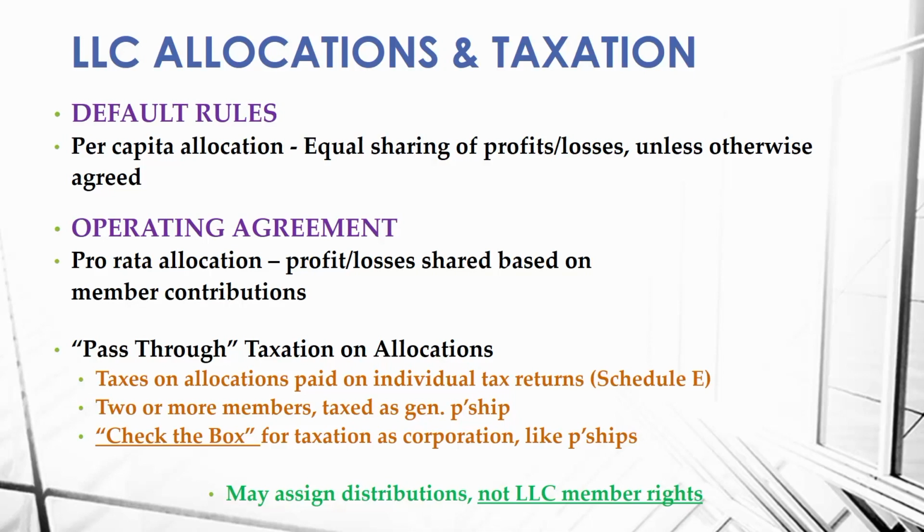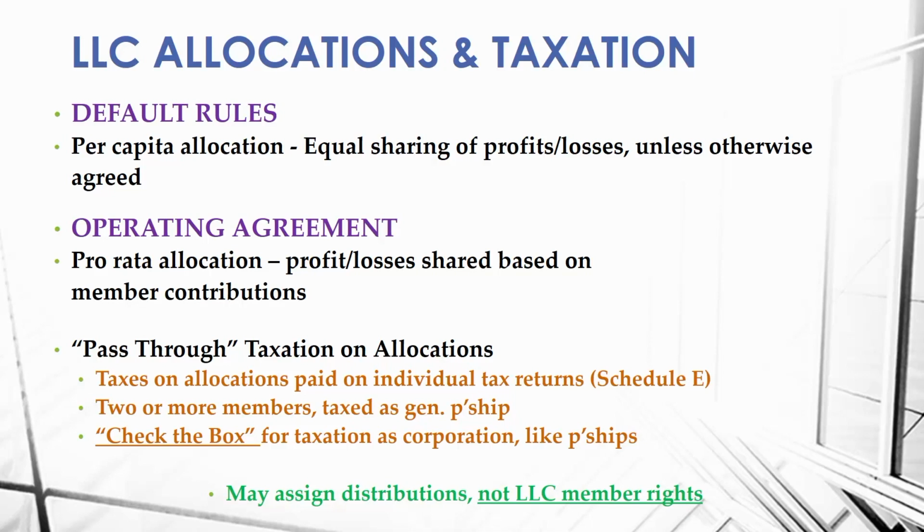And then pass-through taxation, right? Again, individual tax returns. Now, you have the choice because you're this hybrid between a corporation and a partnership to decide how you want to be taxed. You can check the box and be taxed as a corporation. This is a tax issue now because we're seeing a lot more benefits or lower taxing amounts for corporations.